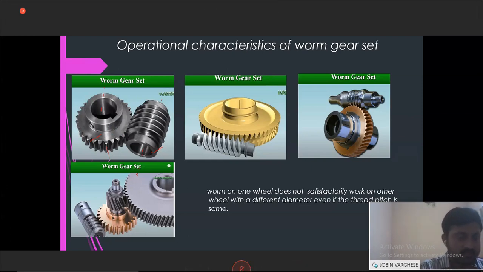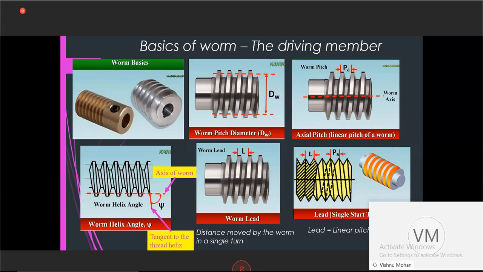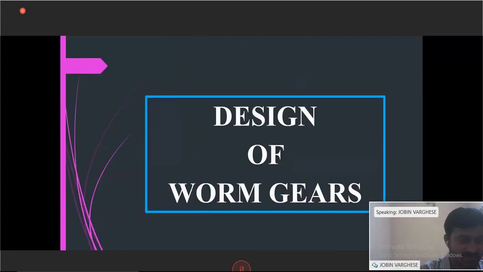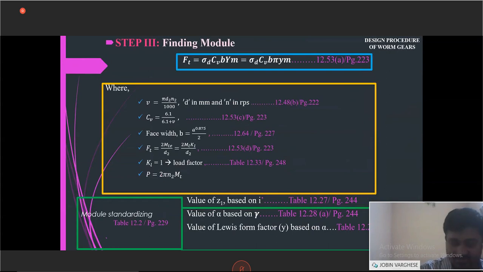Another question is, is there any mathematical relation between lead angle and helix angle? Okay, we have to take it from the theory.